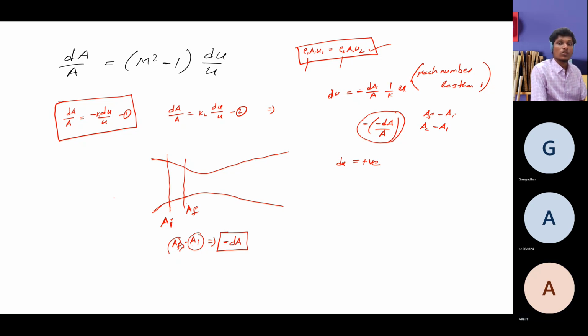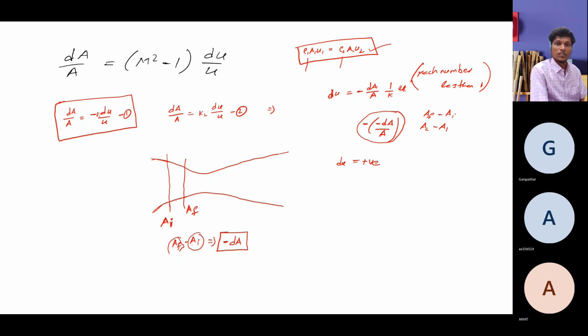If I am taking the subsonic flow, by decreasing the area it is increasing its velocity, right? And supersonic flow acts in reverse. If I decrease my area, it decreases its velocity also.